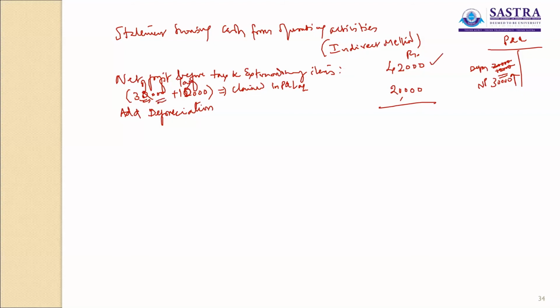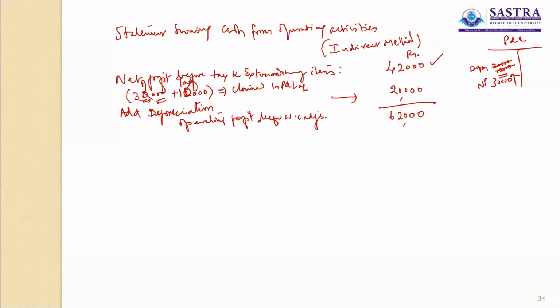Anyway, 42,000 is your net profit before tax. And add depreciation, which is 20,000. So before working capital adjustments, this is going to be your operating profit, or cash profit, or cash generated due to operating activities before working capital adjustments.